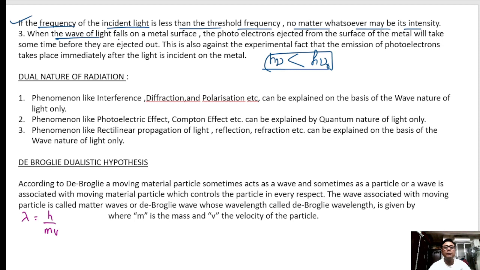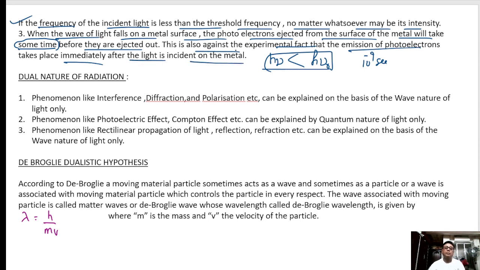Also, according to wave theory, when the wave of light falls on a metal surface, the photoelectrons will take some time before they are ejected out. But this is against the observation, because it takes only 10 to the power minus 9 seconds. That means it is emitted instantly, immediately. So this is again a failure of the wave theory.